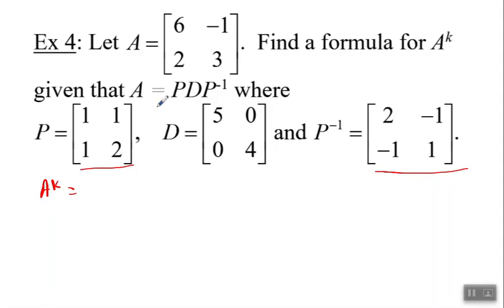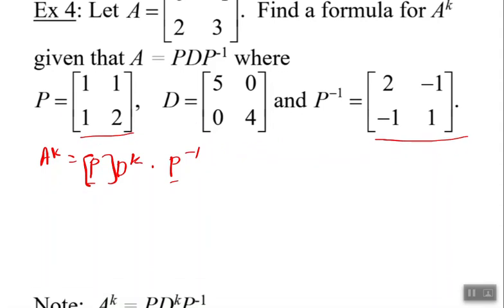But they're not commutative, so A to the k is going to equal P times D to the k times P inverse. We still are going to keep these two matrices, P times D to the k times P inverse, and we can double check it if you really want to.